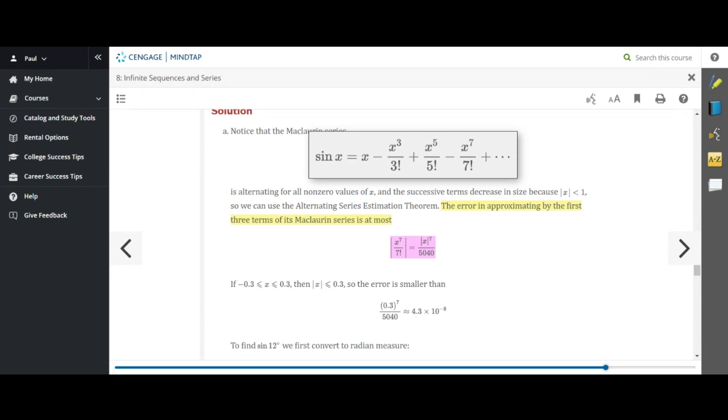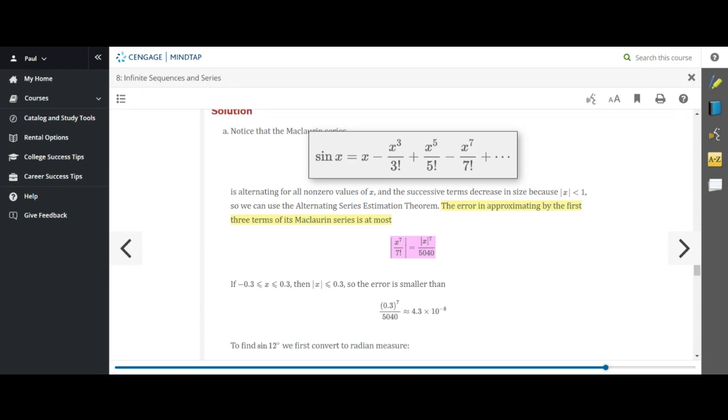So if we were to use the first 3 terms of this Maclaurin series to approximate the sine of x, then the error in approximating the sine of x with that Maclaurin series would be at most the absolute value of x to the 7th over 7 factorial, because that's what the alternating series estimation theorem says, right?